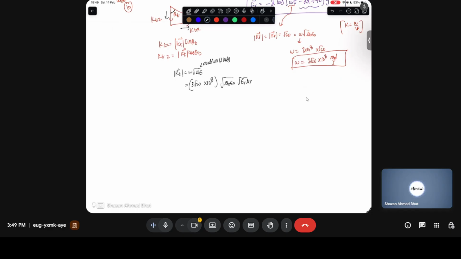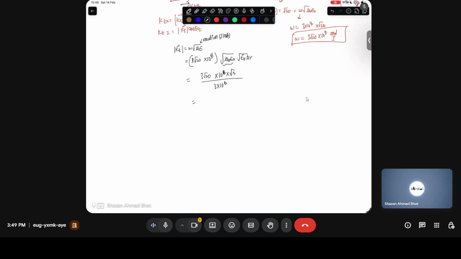Mu r is basically 1, so you can solve it. You get 3 square root of 20 into 10 to the power 8 into square root of 2 divided by 3 into 10 to the power 8, because this is the speed of light. So this is approximately 2 square root of 10. So this is the magnitude of kt.